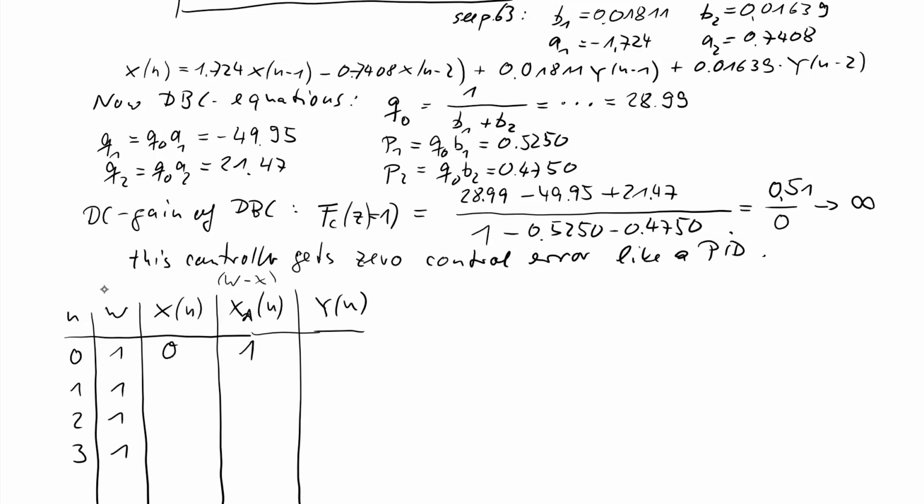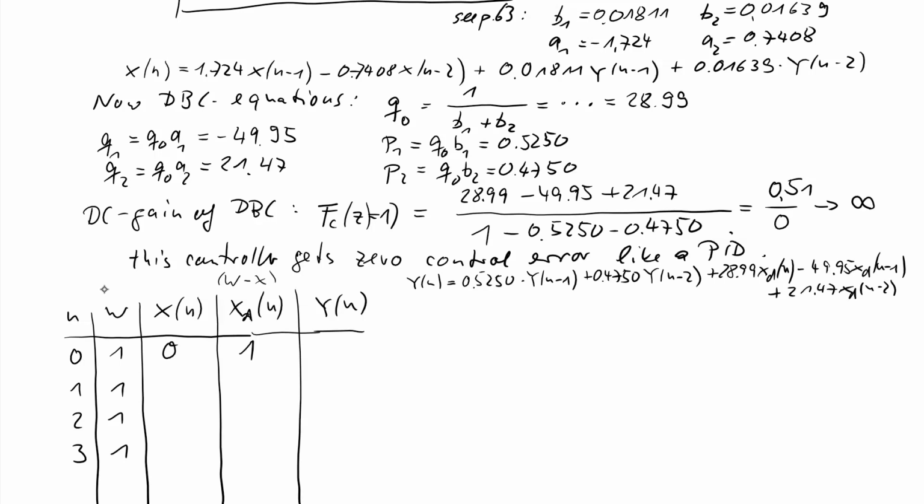I should do this in short form. yn is 0.5250 times yn minus 1 plus 0.4750 times yn minus 2 plus 28.99 times control difference undelayed minus 49.95 xd one step before plus 21.47 times xd two steps before.